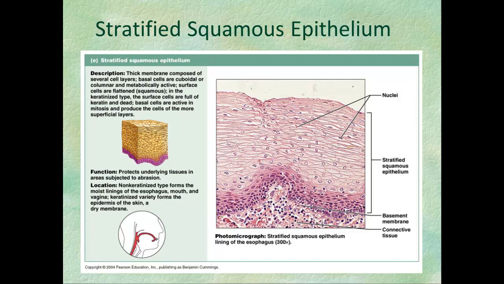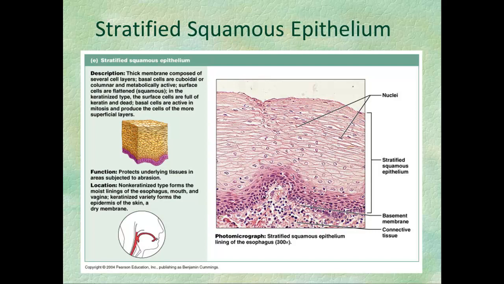And combined with the multiple layers of those cells, you get a very protective and even in a lot of cases waterproof boundary. Stratified squamous epithelium tends to line or cover areas that are open to the outside of the body because those are areas that tend to get a lot of abrasion.